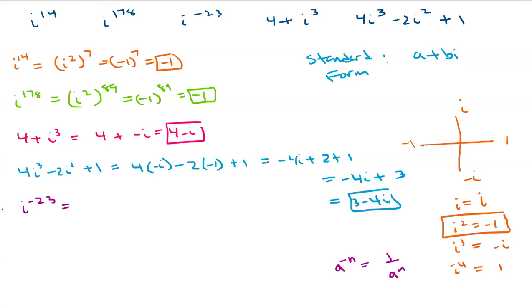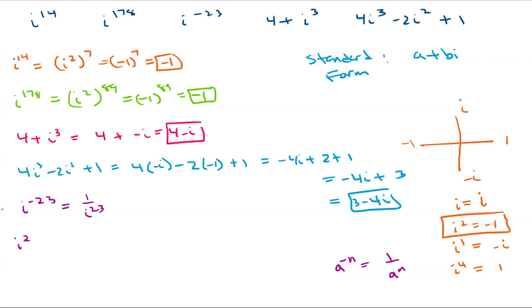Because as it stands right now, we can't do anything. We have to make that power positive. Okay. So in order to do that, we need to rewrite i to the negative 23rd as 1 over i to the 23rd. So let's rewrite that as 1 over i to the 23rd power. Okay. So now we can focus on the i to the 23rd.